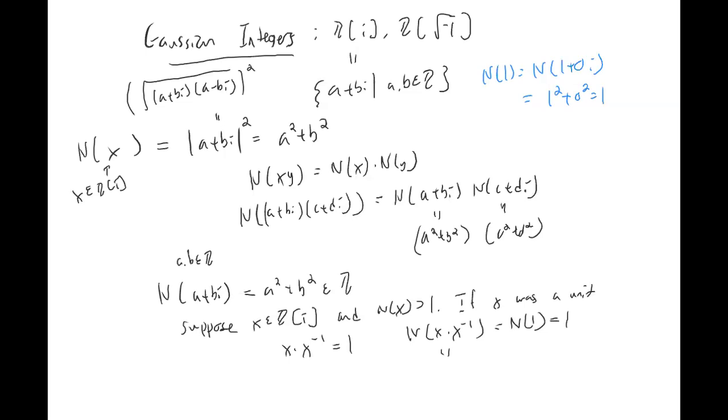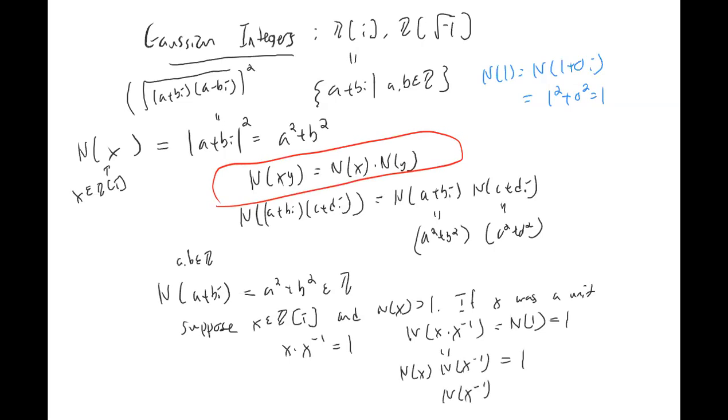On the other hand, by the property here, I know that this is just the norm of x times the norm of x inverse. So what does that tell you about the norm of x inverse? I know that the norm of x inverse is 1 over the norm of x, but if the norm of x is bigger than 1, is 1 over the norm of x an integer? Is this in Z, is my question.